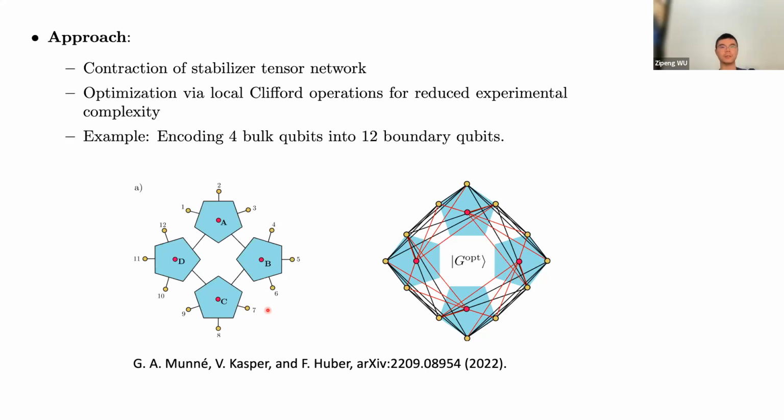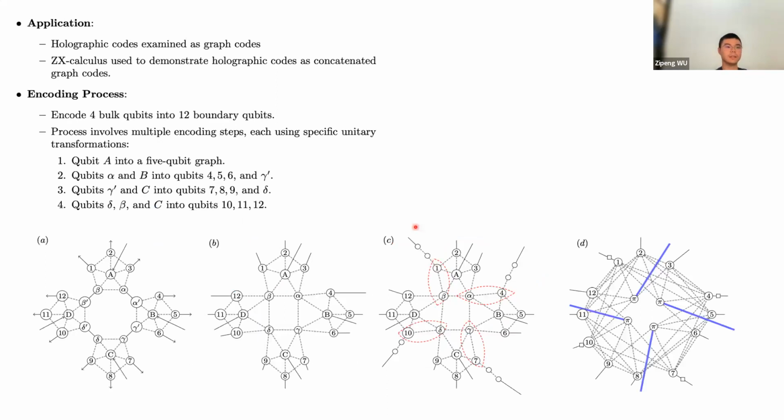Then they perform local Clifford optimization on the stabilizer tableau, resulting in highly symmetric graph codes. Actually, this kind of operation can be readily implemented using the encoder diagrams.